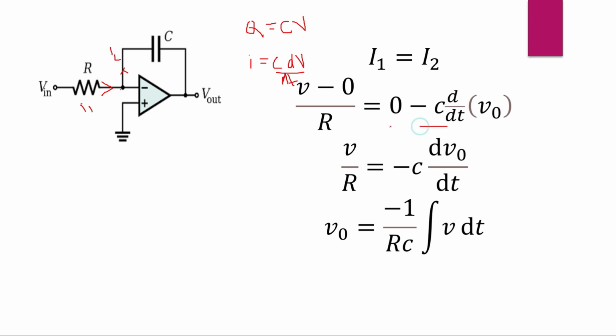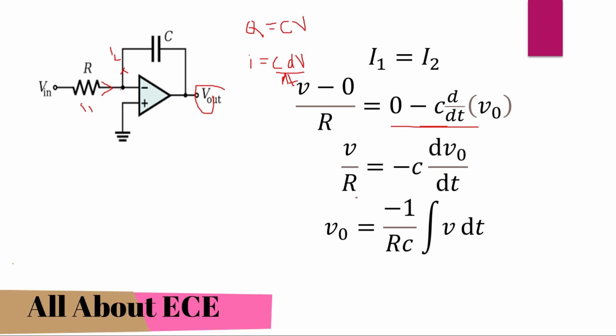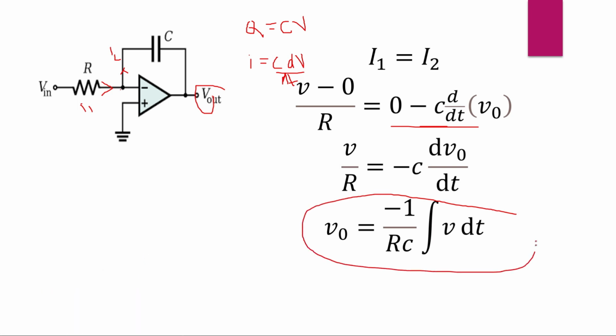On simplifying, V by R equals minus C dV0 by dt. We want the output, so shifting C to this side, V0 equals minus V by RC. When we transfer from differentiation to the other form, it changes to integration. So V0 equals minus 1 by RC times the integral of V dt.